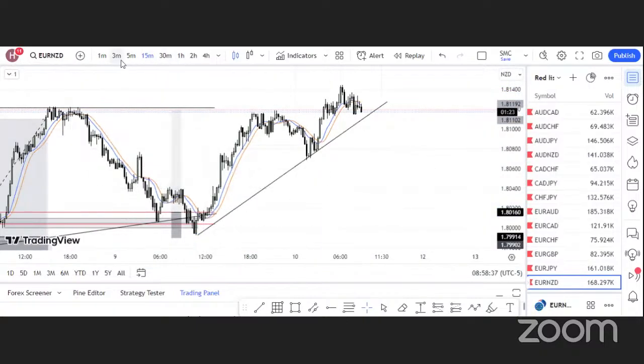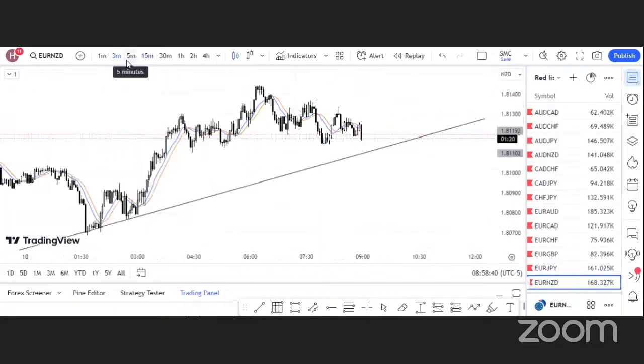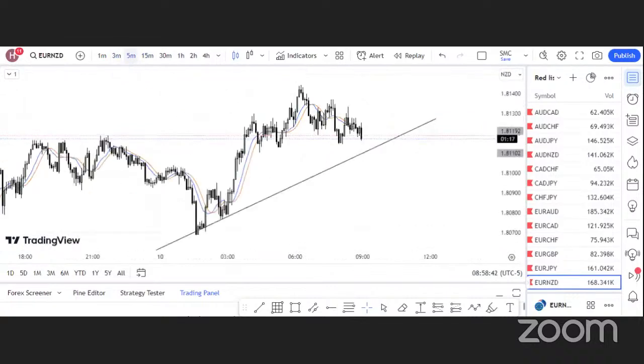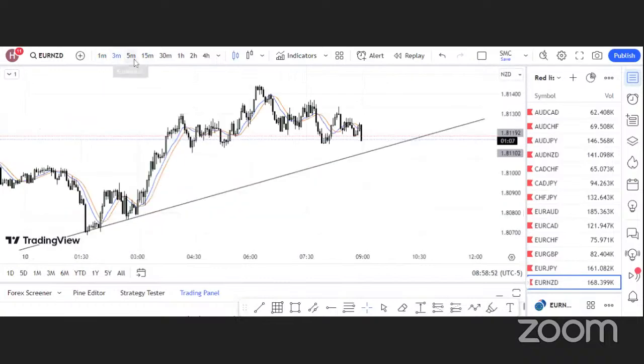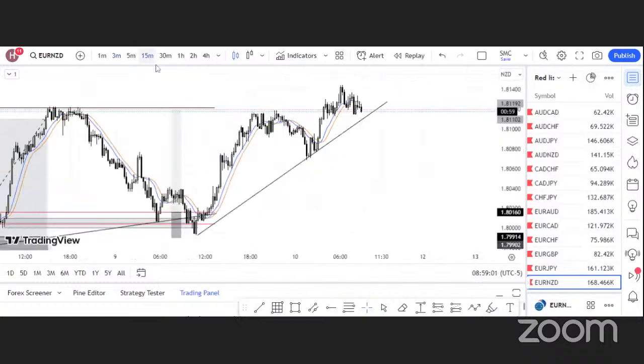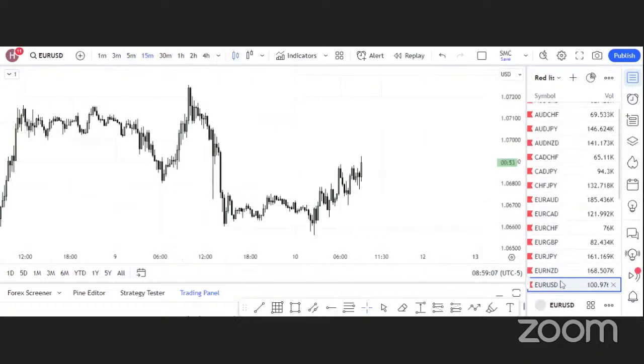Let's go to the 5 minutes. One thing with trading is sometimes you do not get 100% entries. Sometimes you do not even get an entry at all.